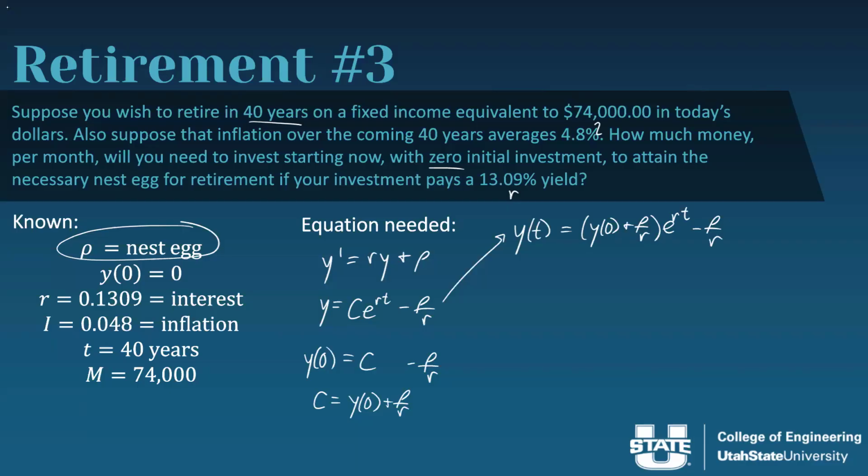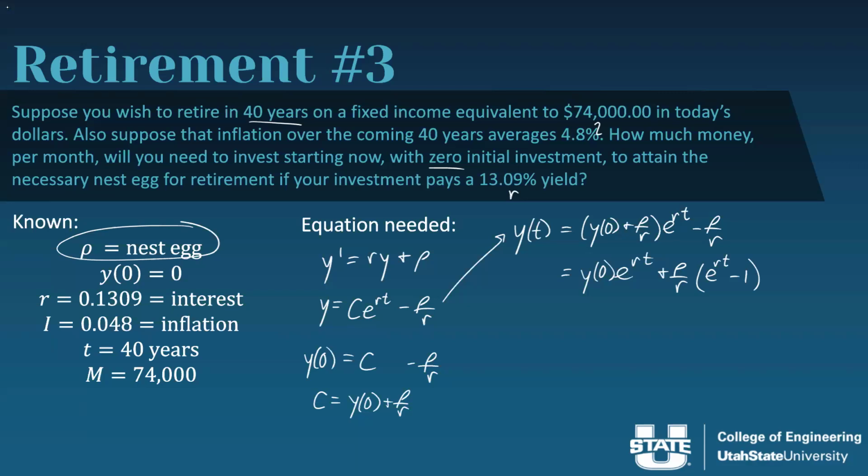And then I'm just going to rearrange this a little bit. I'm going to multiply out that e to the rt, and then I'm also going to combine the terms that have the rho over r in them, right, which is the e to the rt, and the other negative rho over r, which is going to get us e to the rt minus 1.